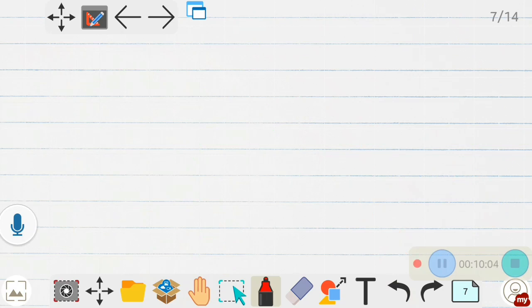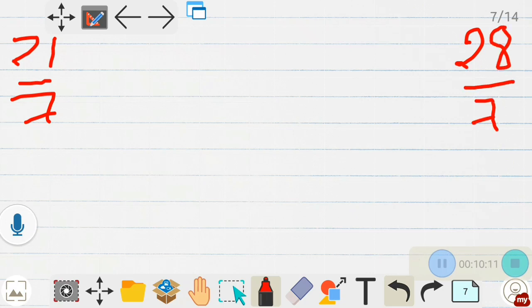We all know that if we multiply the denominator by a number, we have to do the same to the numerator also.